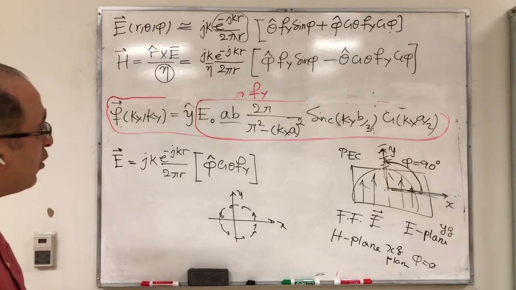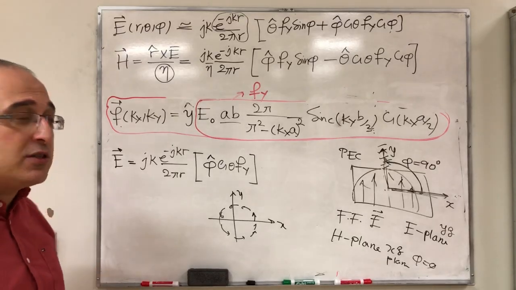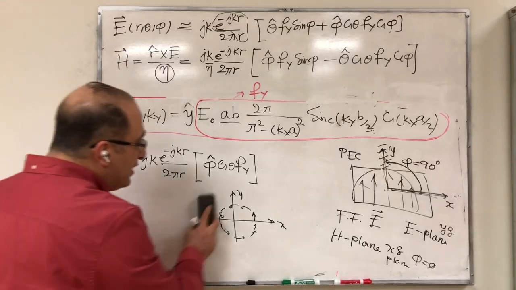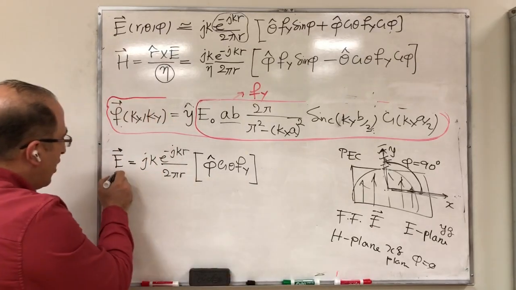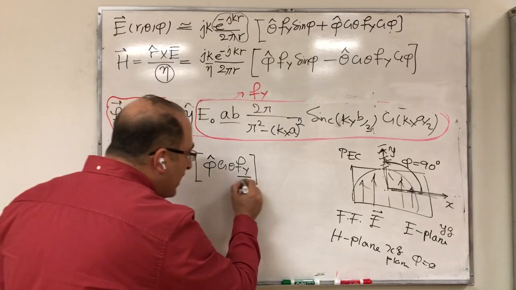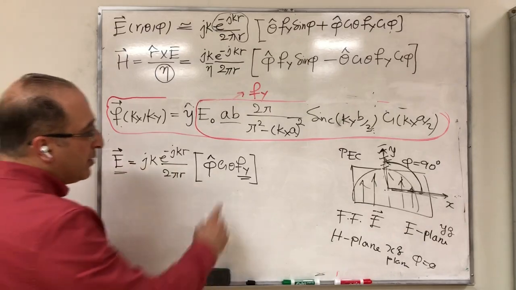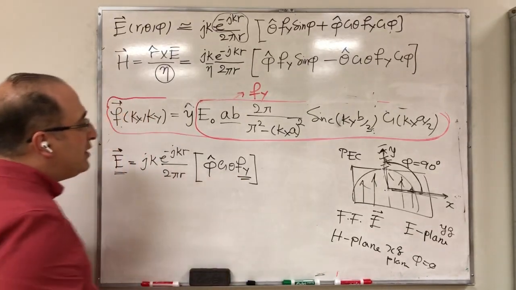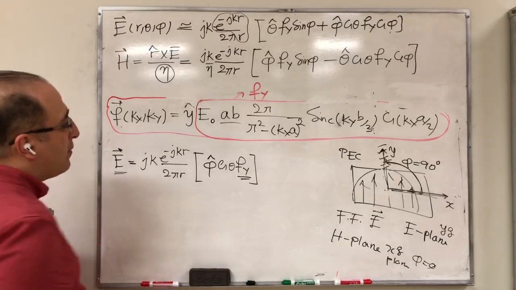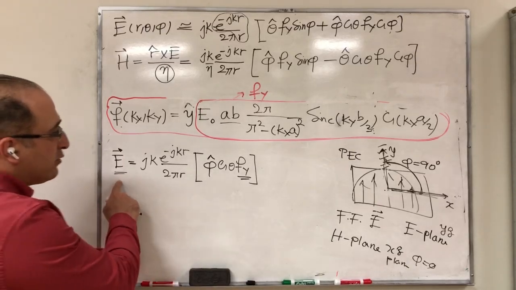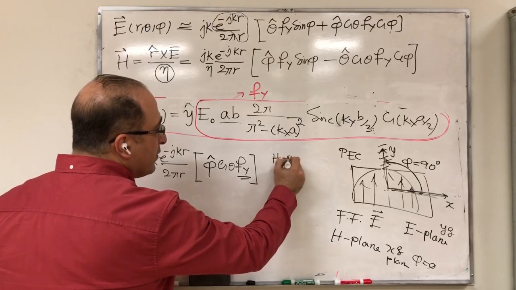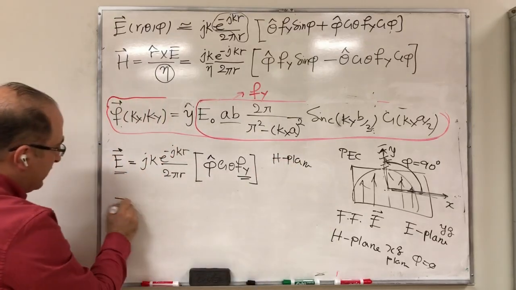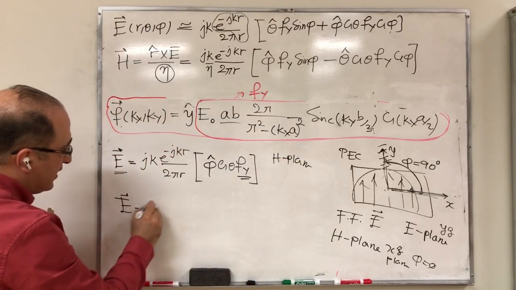Probably the more important thing is what I mentioned in the previous lecture: you immediately see that your far field pattern depends on the Fourier transform, because this was the Fourier transform of the aperture field, and now you see that they are completely related. So this was E on the H plane, and in the previous lecture I also wrote E in the E plane.